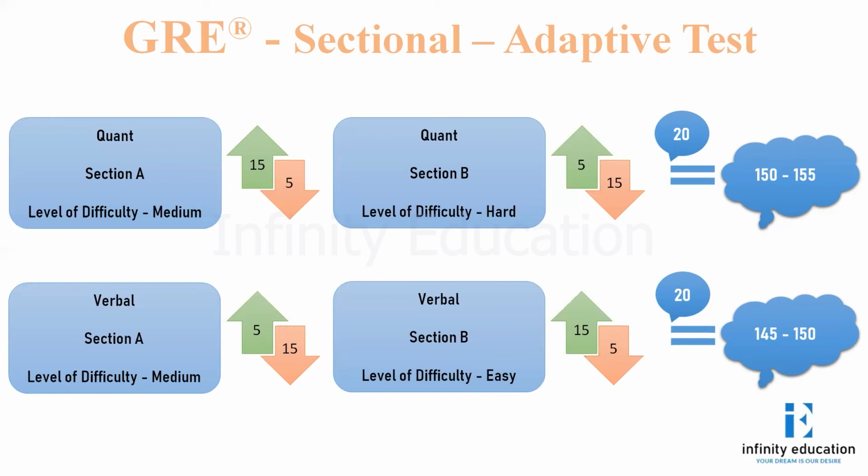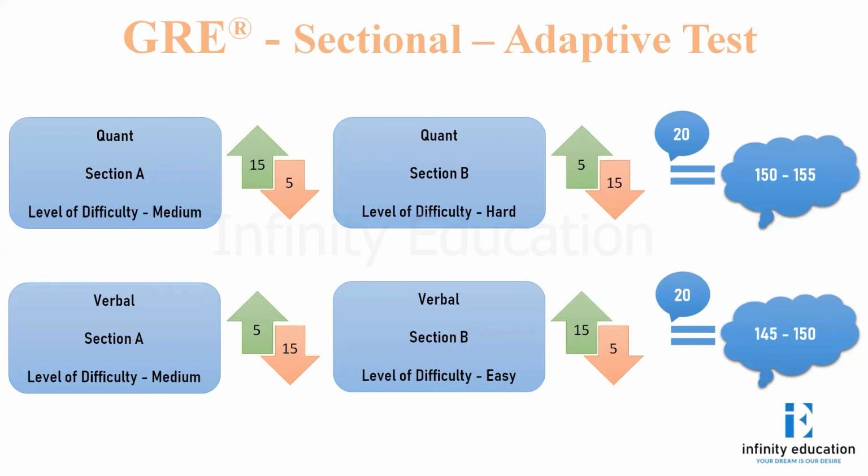It also matters where we got those questions correct and what was the overall difficulty level of those questions. If my questions were more difficult, I can expect a better score out of the questions I've got correct. If my overall difficulty level was easy, even if I solve more questions, I might not always get to the higher score that I was targeting.